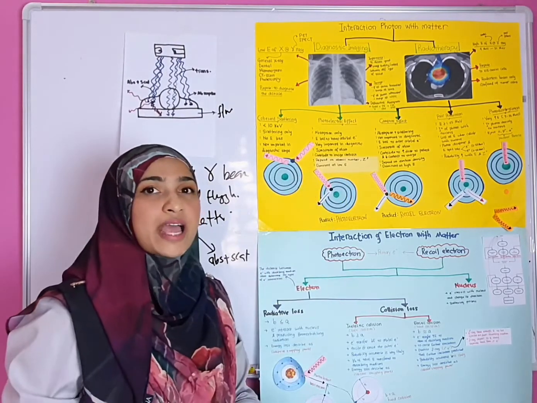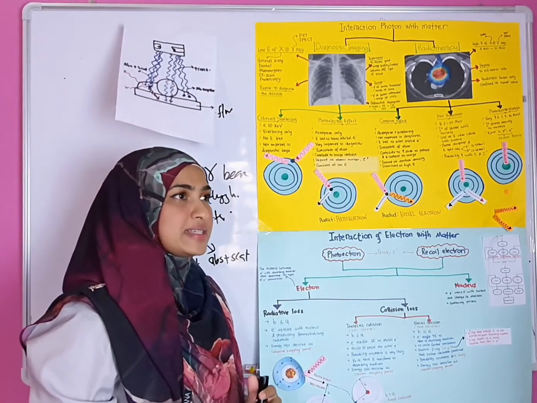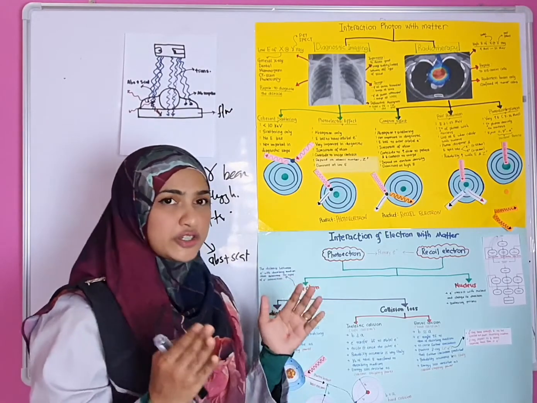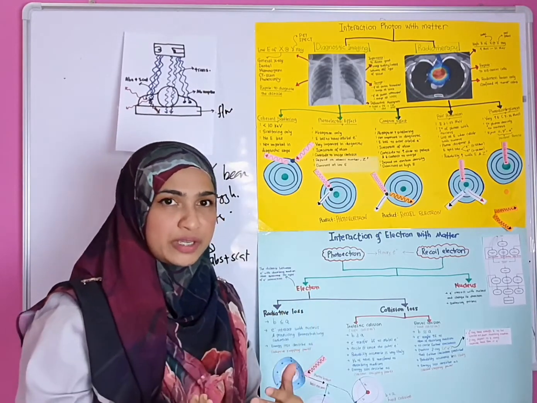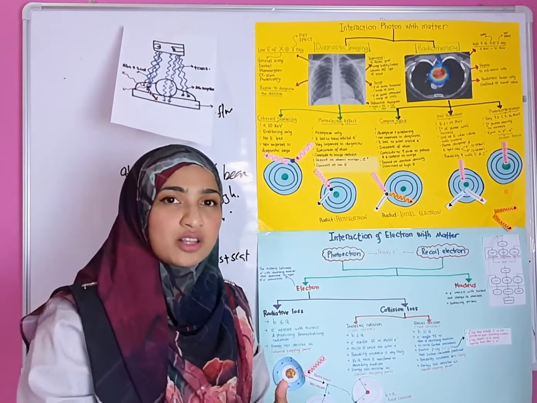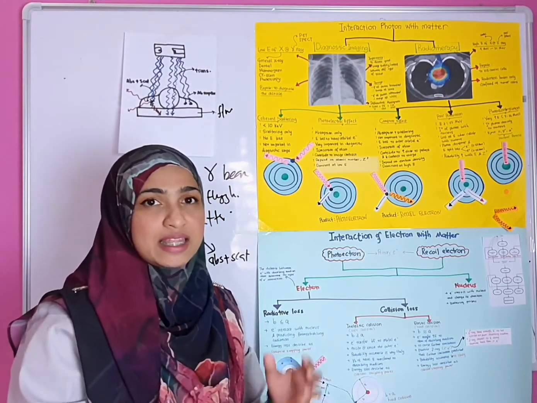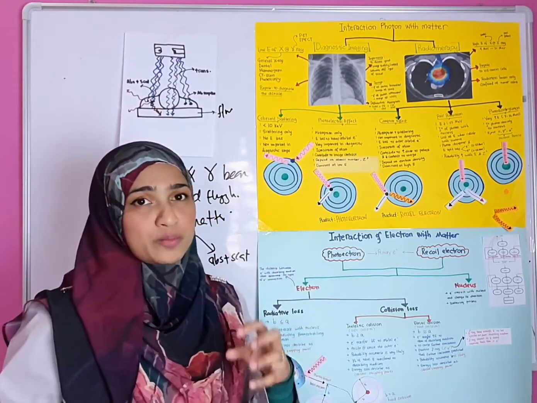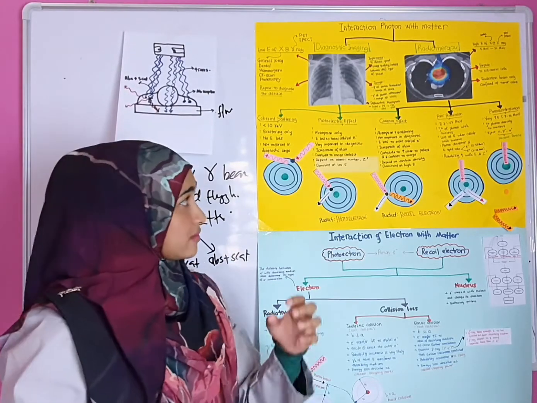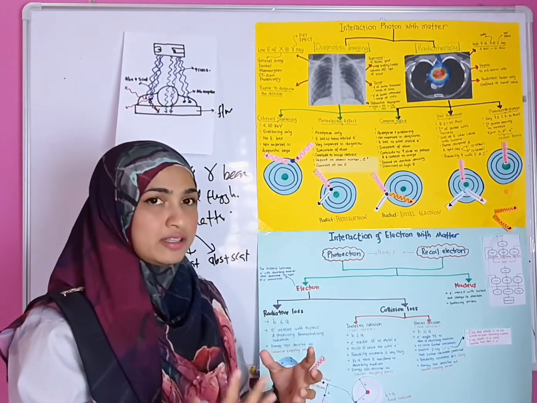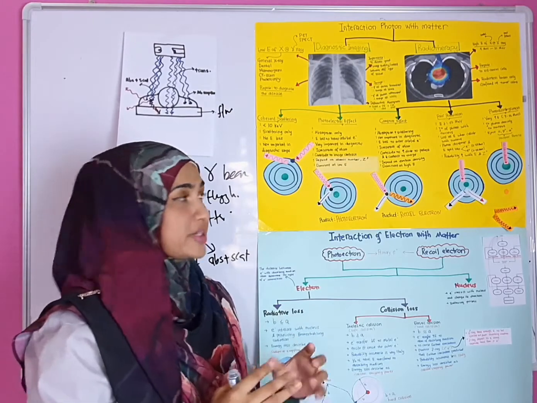The photoelectric effect is by absorption only, which means that when the radiation travels through the patient's body, it transfers all of its energy to the innermost orbital electrons. So the interaction at that point is absorption.